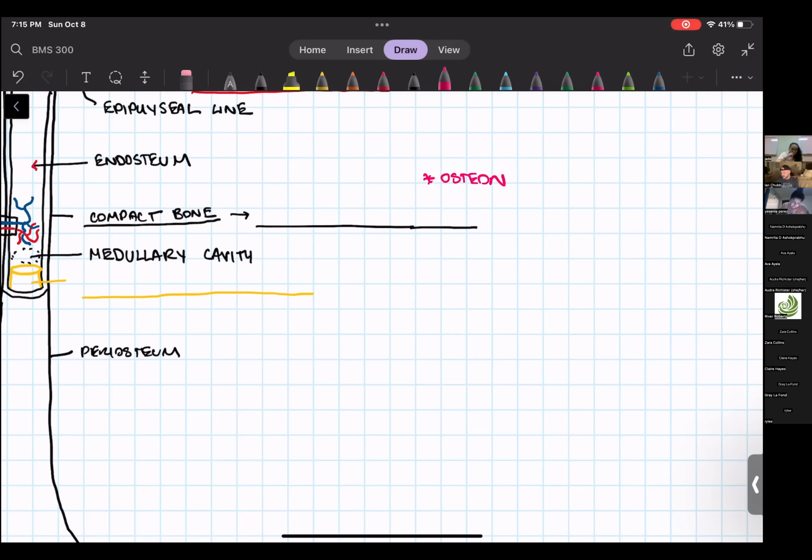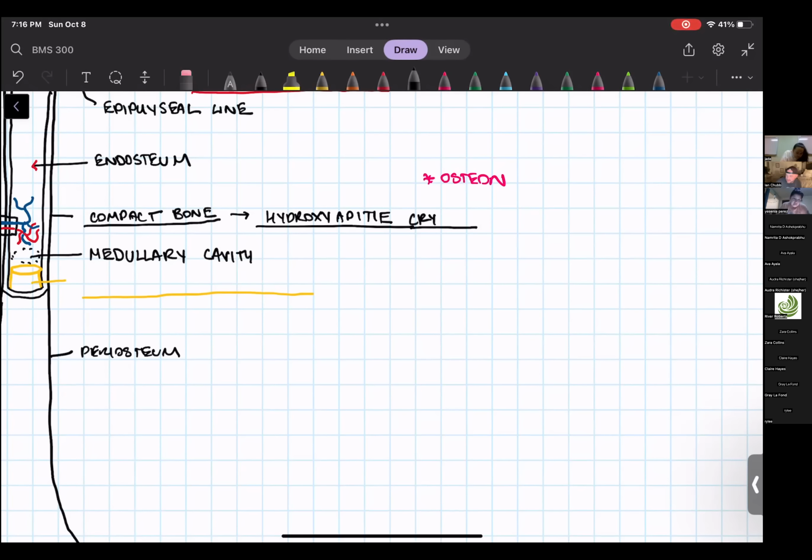What's the specific makeup of compact bone that actually makes it hard and more dense? There's a specific one: hydroxyapatite crystals.